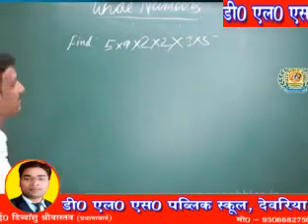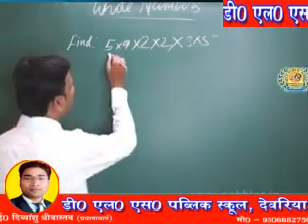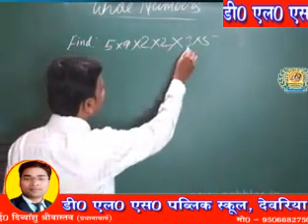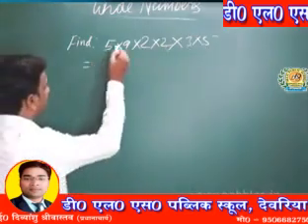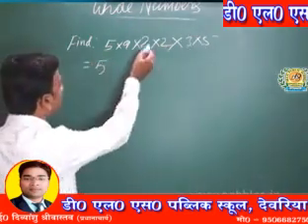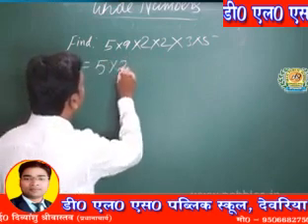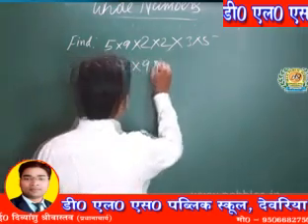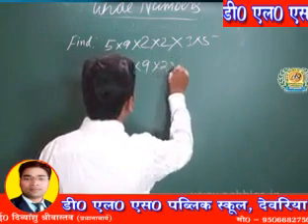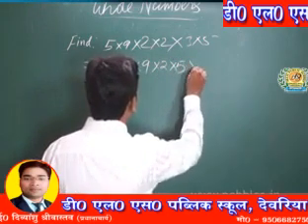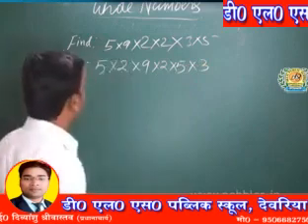Now, let us see this example. Find the product of 5 into 9 into 2 into 2 into 3 into 5. By applying the commutative property, we change the order of these numbers. 5 into 2 into 9 into 2 into 5 into 3.